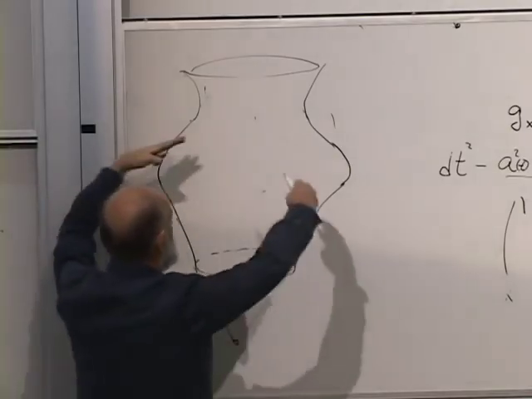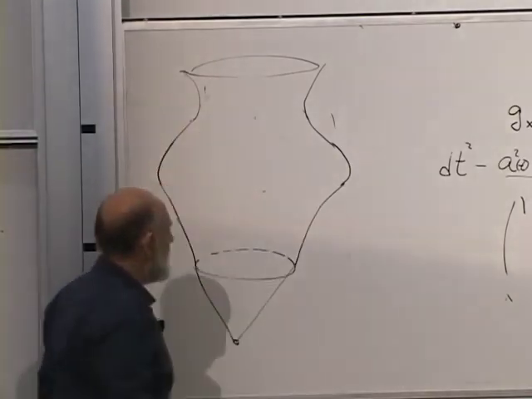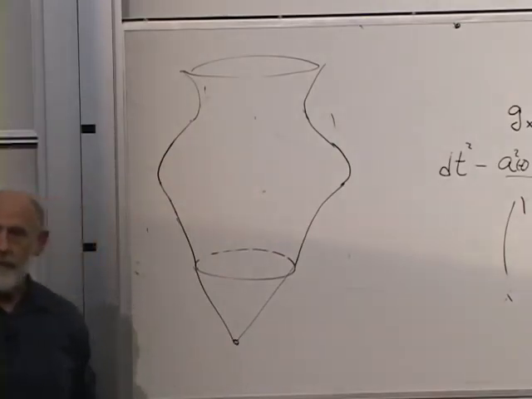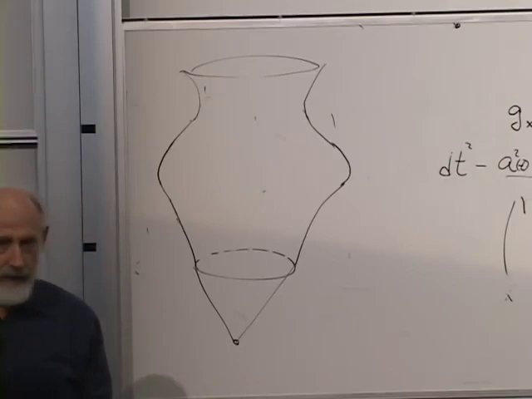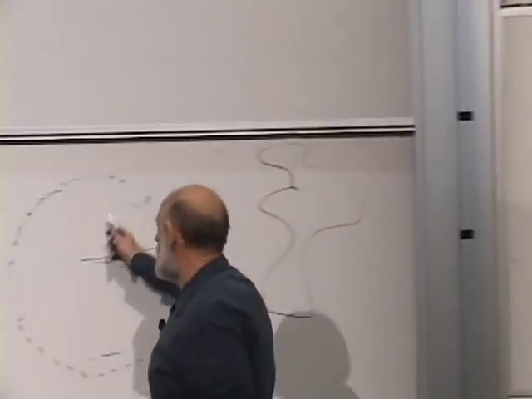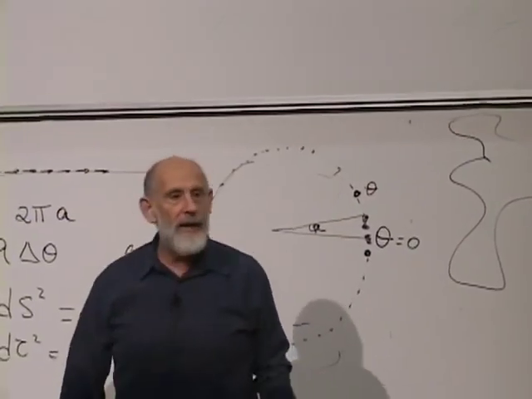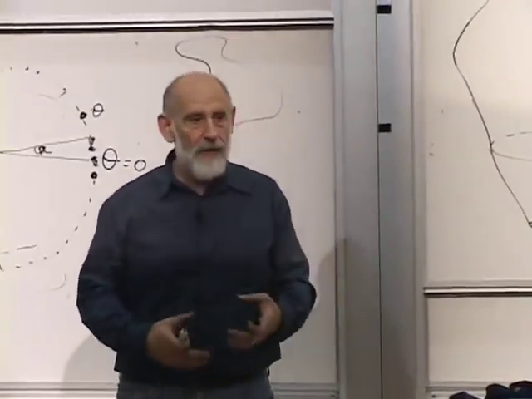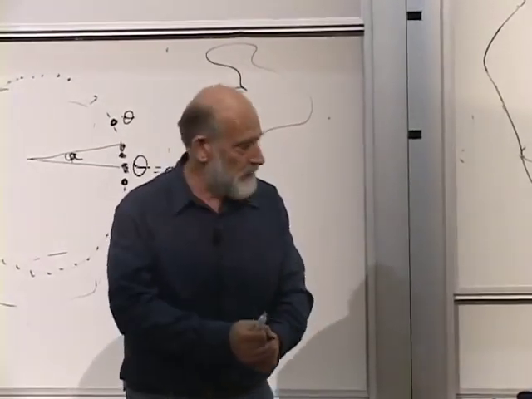Expands out, starts to shrink again, starts to grow again, does whatever it does. What would be the scale factor at this point? It would be A equals 0 at that point. So in this closed and bounded universe, A equals 0 corresponds to the thing shrunk to 0 size.